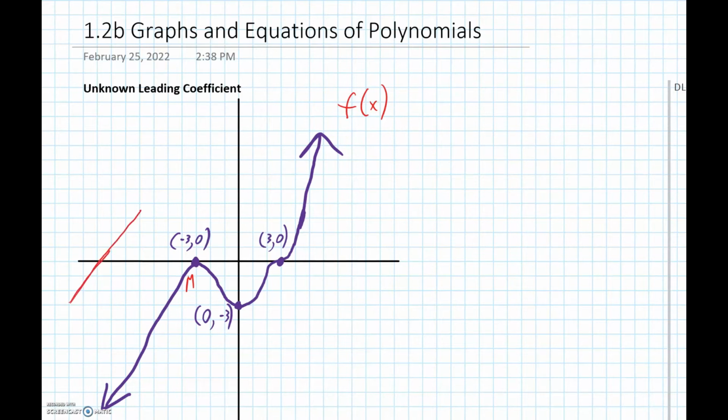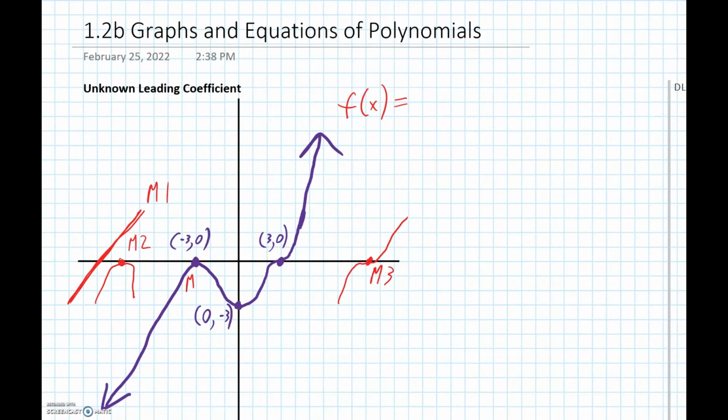If the zero is going right through the graph in a straight line, we call that a multiplicity of 1. That means that the binomial will have degree 1. If it curves like this and touches only at one point, then it has a multiplicity of 2. And if it does this kind of funky thing here, then it would have a multiplicity of 3.